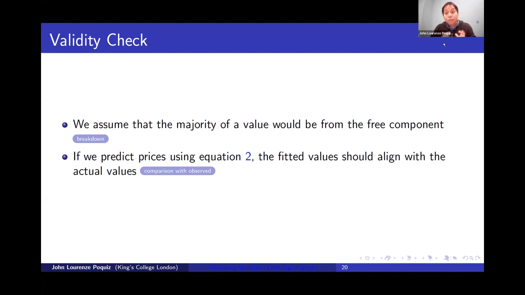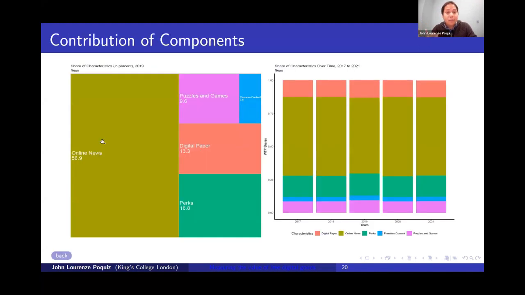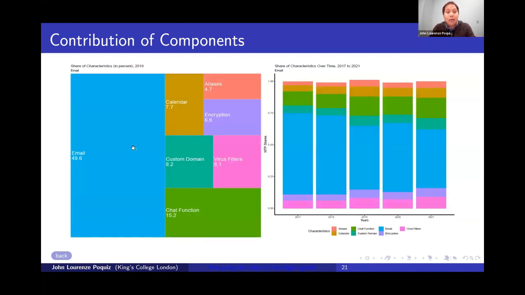We want to make sure that the value that you're paying would largely go to the email services rather than the premium exclusive component or feature in addition to email. So we try to break down the components and see the share, and most of what you see is that the free component largely dominates the price that we get.